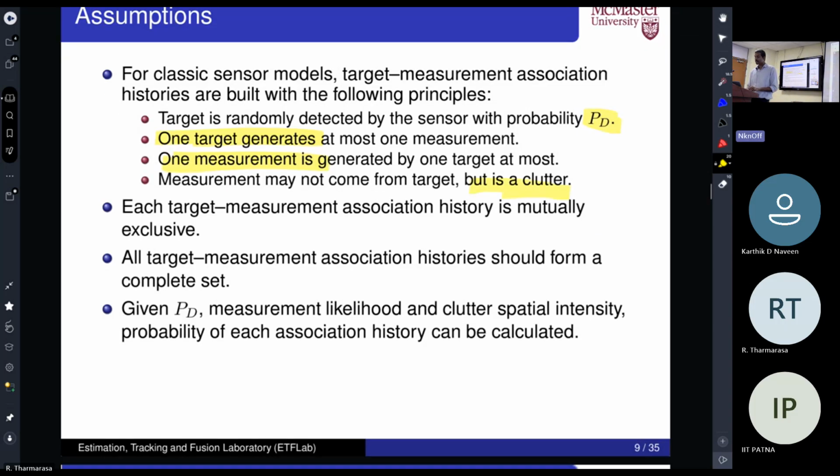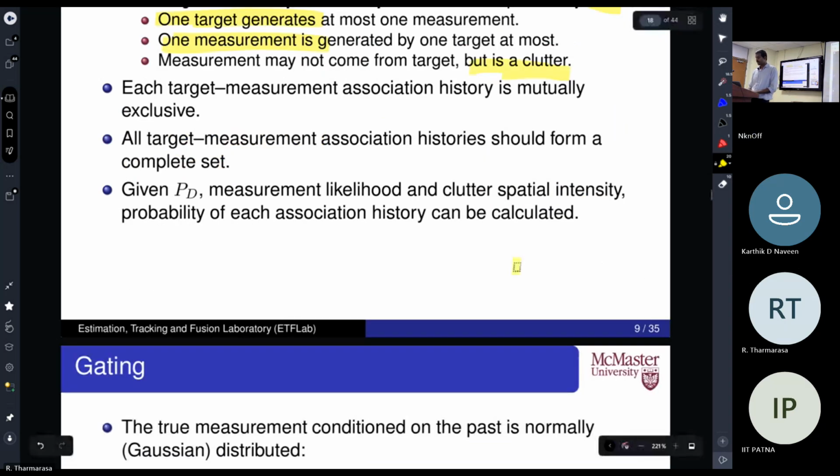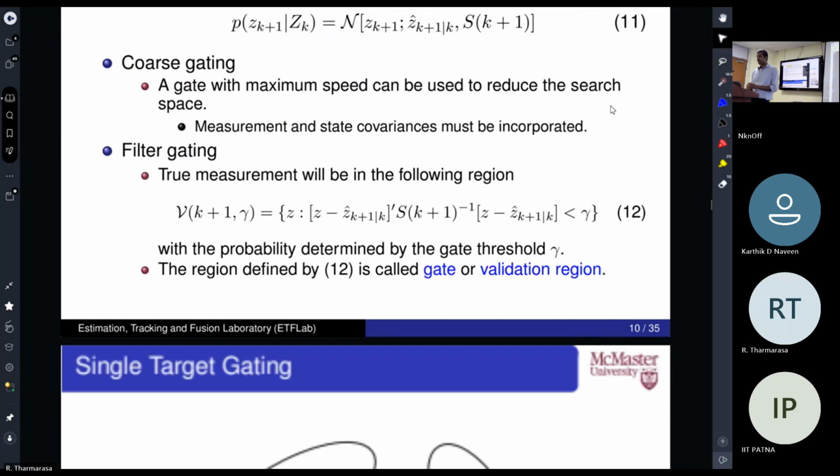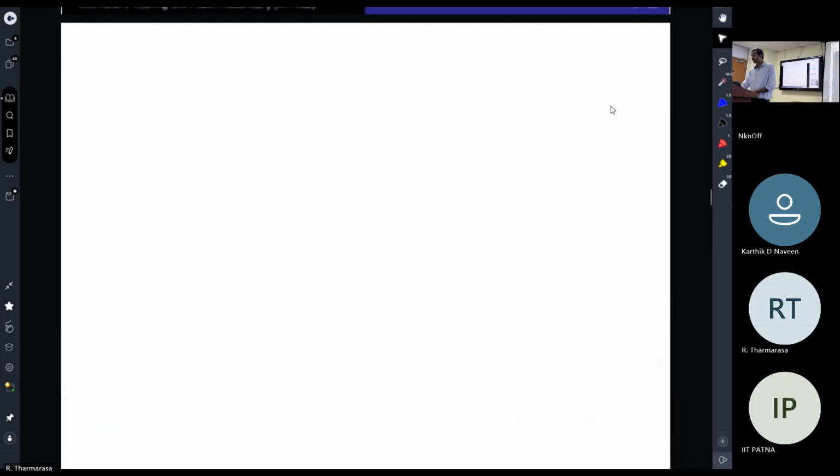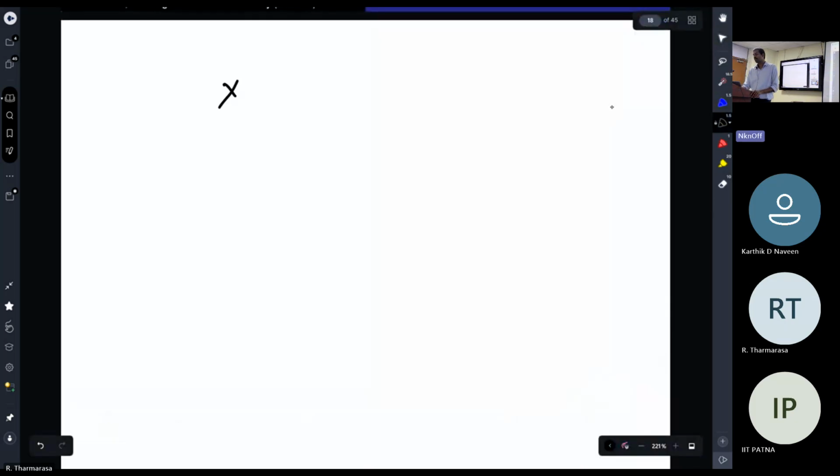For an example, say we have one target and one measurement. How many possible associations can we form with them? You want to consider all possible associations. Let's talk about that. What are those?